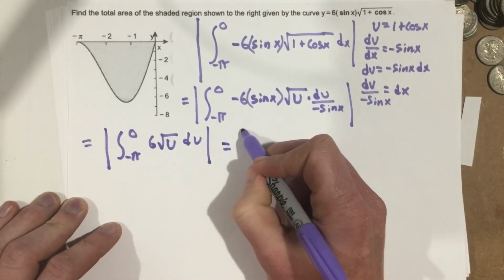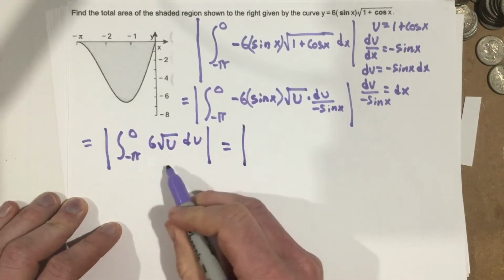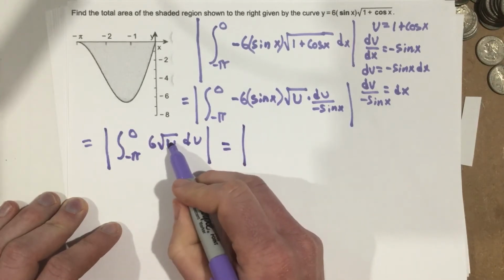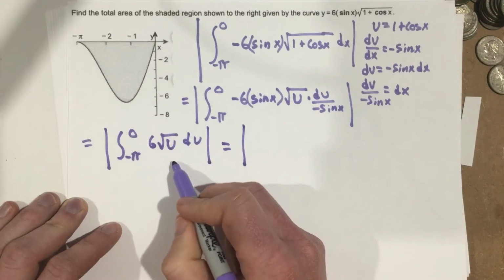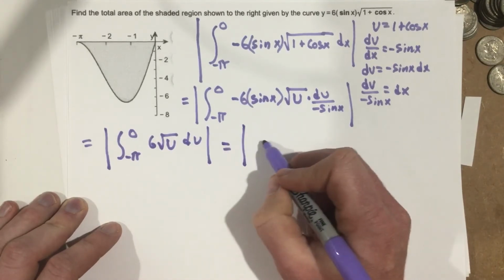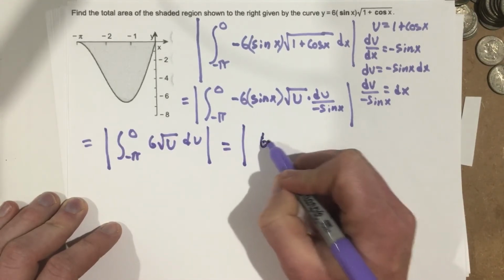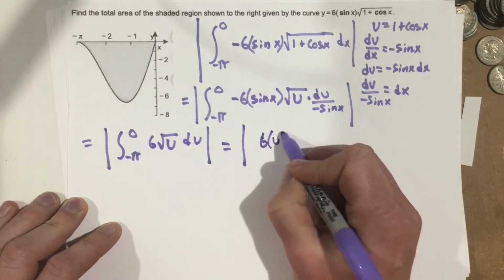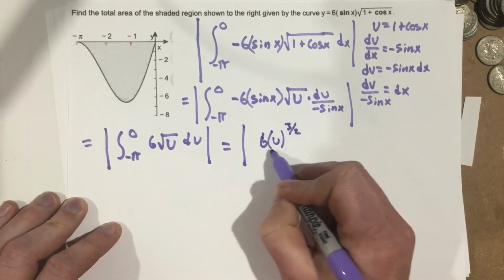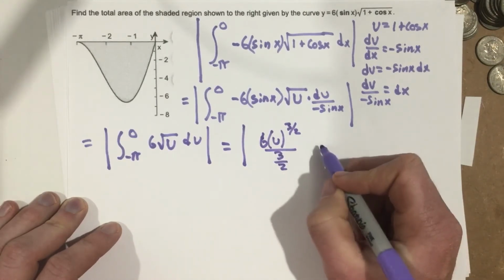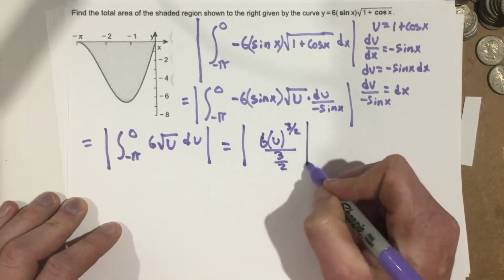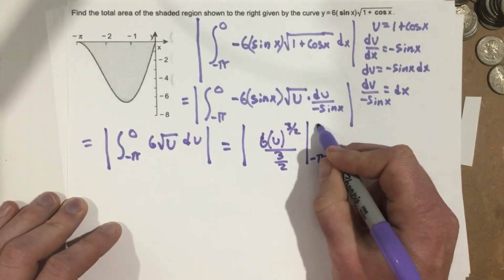When we do that, it's the absolute value of, this is u to the half, so when we add 1, it's u to the 3 halves divided by 3 halves. So we end up with 6 times u to the 3 halves divided by 3 halves, and we're going to integrate this from negative pi to 0.